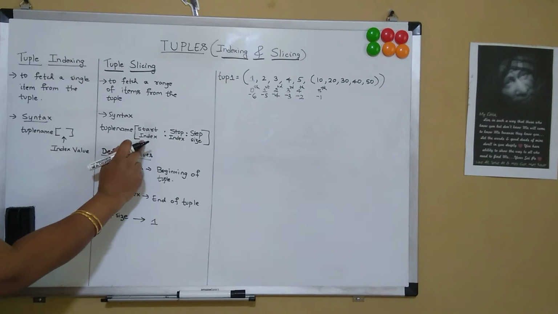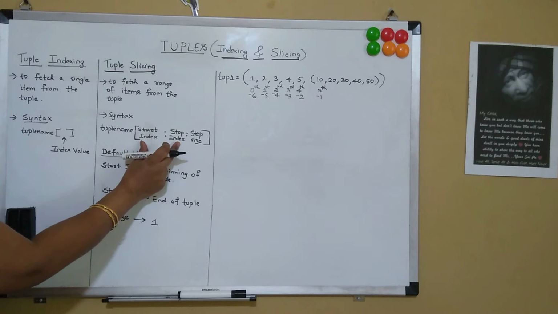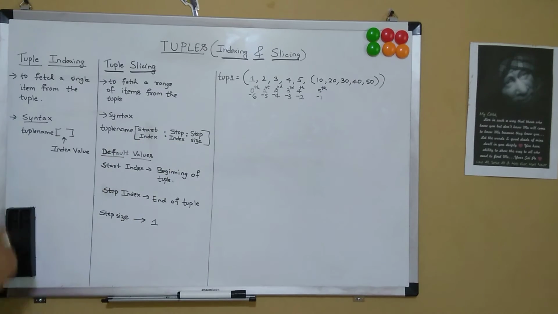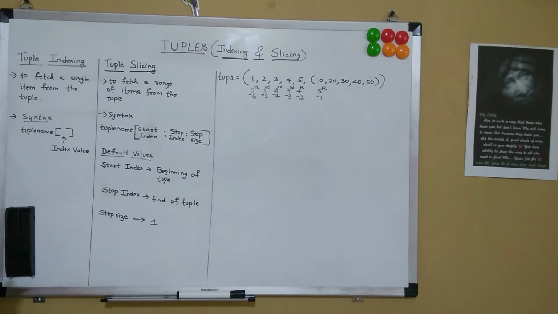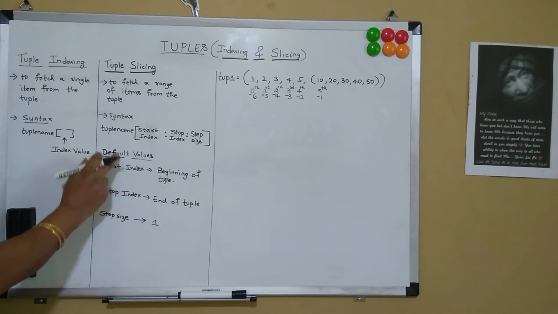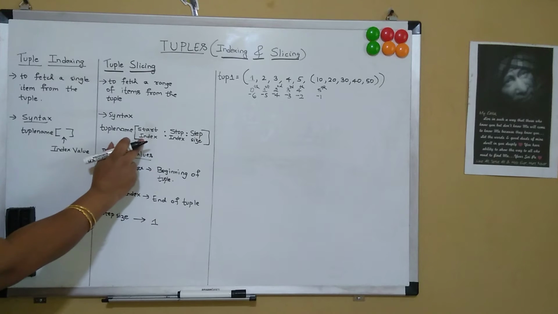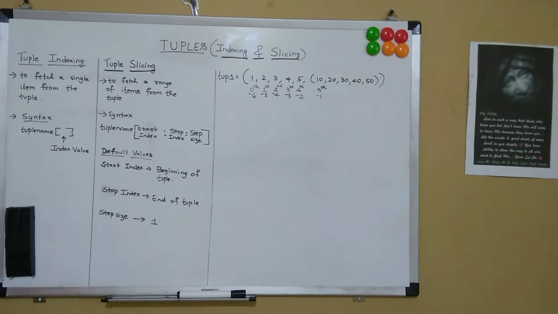Start index tells us from which position, from which index we have to get the values, and end index tells till what index we have to fetch the values, and step size is nothing but the incremental size. So if we don't specify any start index, by default it will take from the beginning of the tuple.